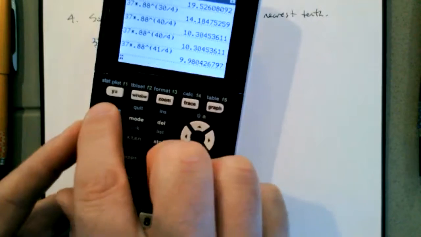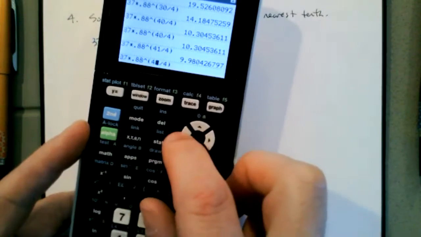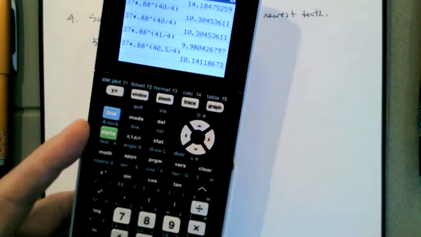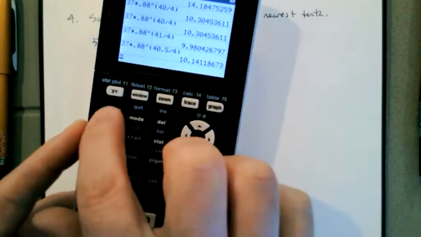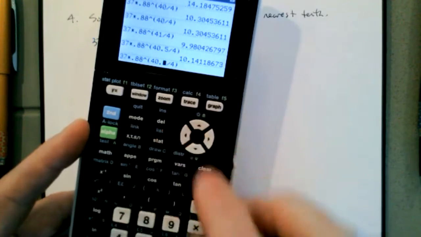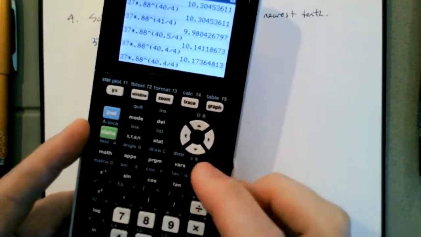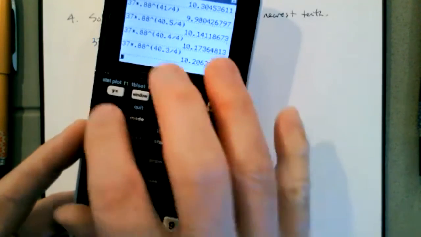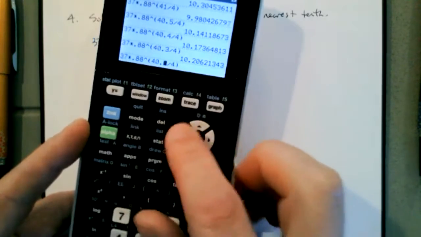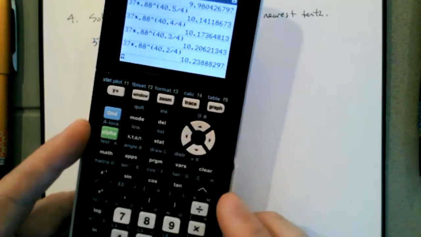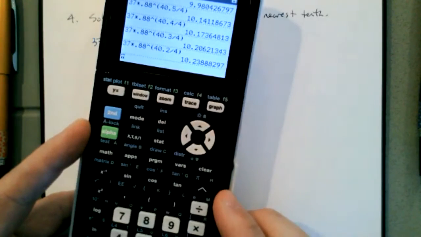So it's between 40 and 41. So if I go 40.5 divided by 4, that's a little too high. So I'll go 40.4. I'll just bring it down until, like I'm playing on the Price is Right, until we're at less than 10. I'm going the wrong direction. It's between 40.5 and 41.